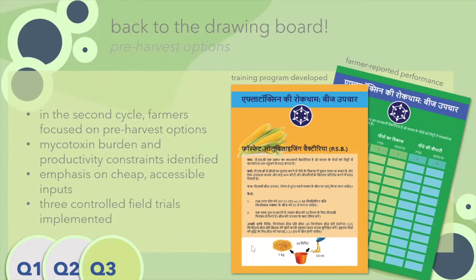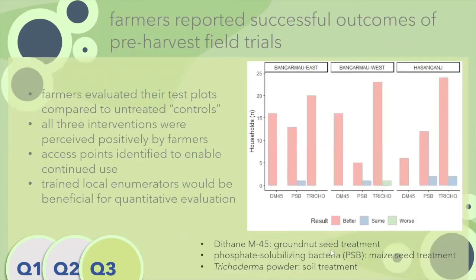And overall, across these 3 experiments, Dithane M45 groundnut seed treatment, phosphate solubilizing bacteria maize seed treatment, and Trichoderma powder, we had really high levels of perceived better performance compared to the untreated controls.